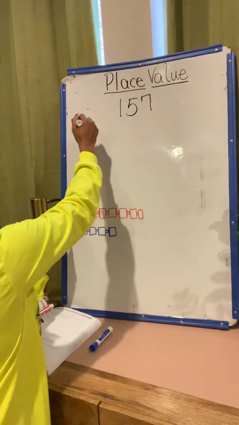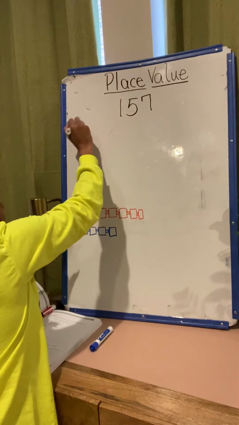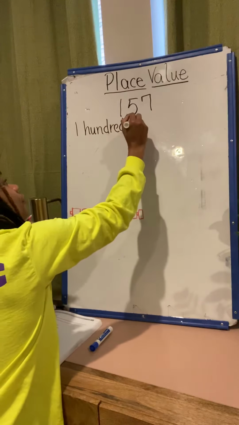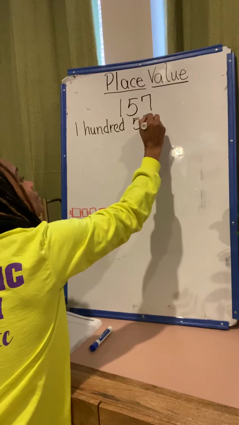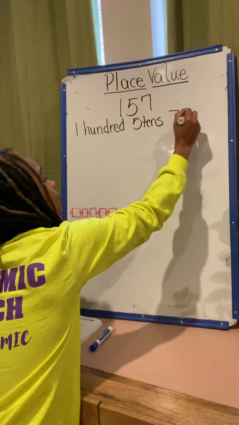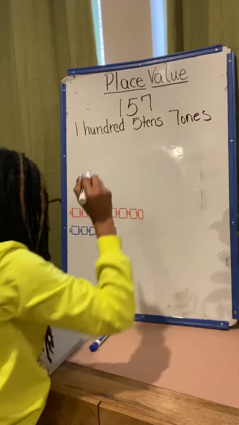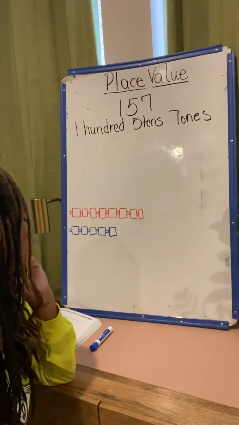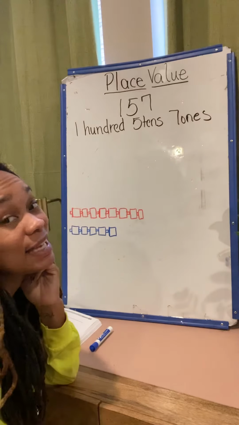You're right. The unit form, we would say 1 hundred, 5 tens, 7 ones. Now go ahead and say it in unit form with only tens and ones.